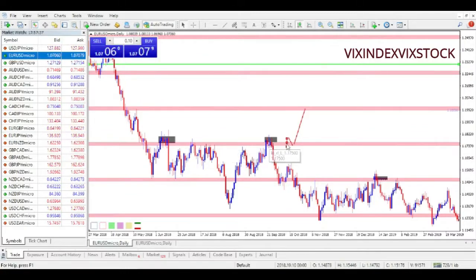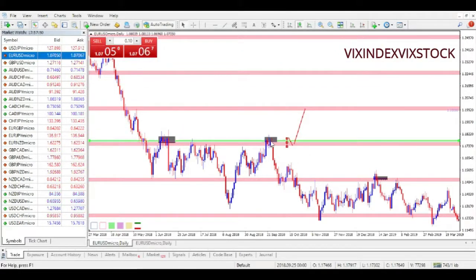Be patient enough to let price show you whether it's indeed going to go this way or it's a trap. It's a trap for you to what? To place your buys, and lo and behold, they reverse, price goes the other way.